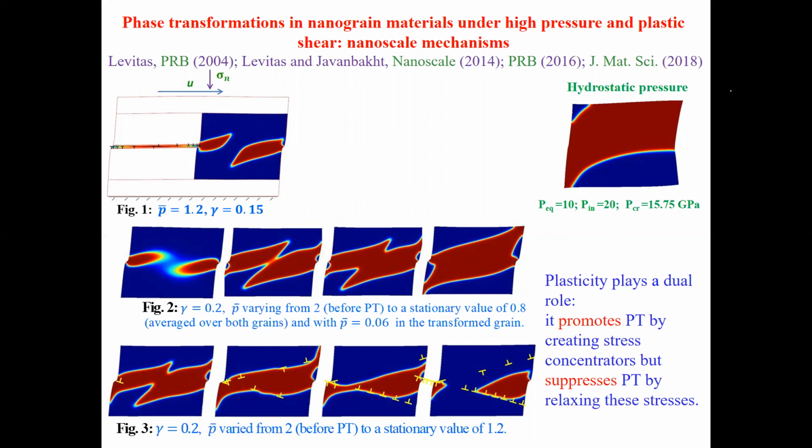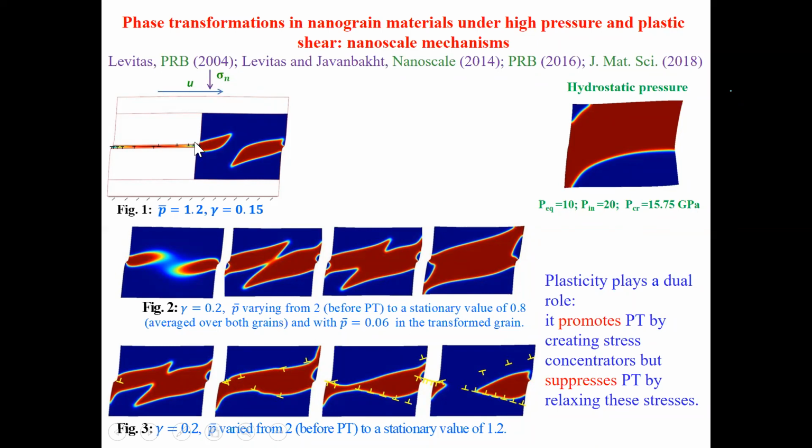So let's consider a model material with phase equilibrium pressure of 10 GPa. Phase instability pressure for perfect material is 20 GPa. For such material, we introduce one dislocation loaded hydrostatically, and phase transition occurs at 16 GPa. So now let's consider a bicrystal under compression and shear.